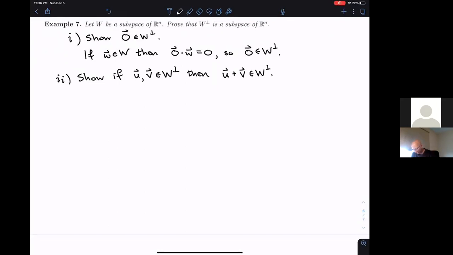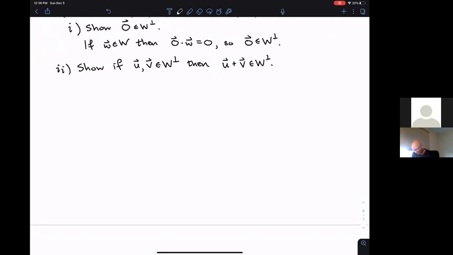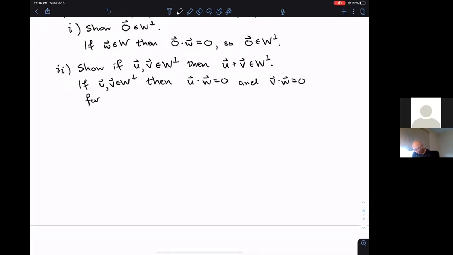Okay, so for this one, let's say that if u and v are in W perp, what that means is u dotted with w equals 0 and v dotted with w equals 0 for any w from the original space W. So what I want to show is that u plus v also dots to 0 with any w in W.